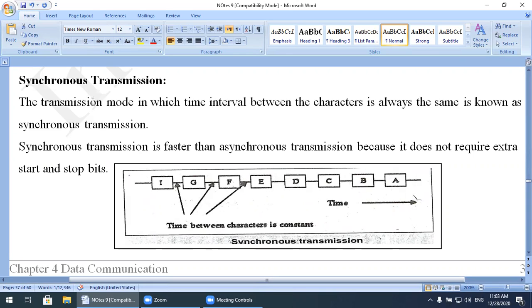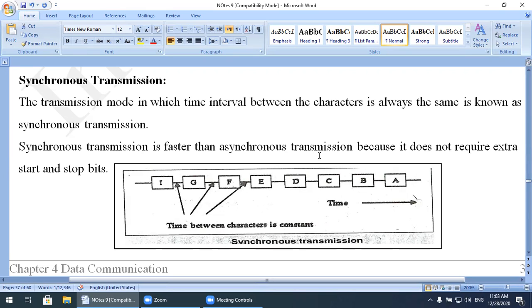So synchronous transmission is the transmission mode in which the time interval between characters is always the same. Synchronous transmission is faster than asynchronous transmission. Why is it faster? Because it does not require extra start and stop bits.